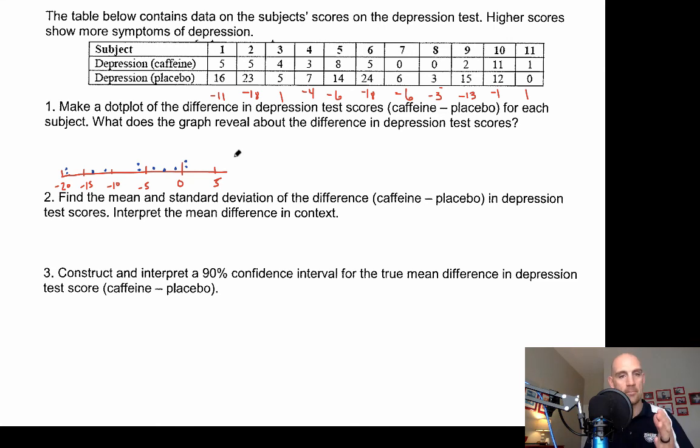Okay, so where's my distribution? Looks like most dots are negative, meaning what? Meaning that the placebo score was higher.